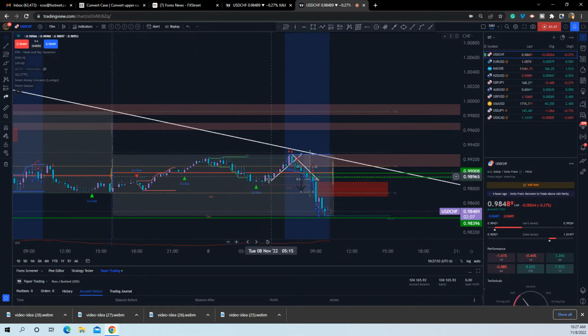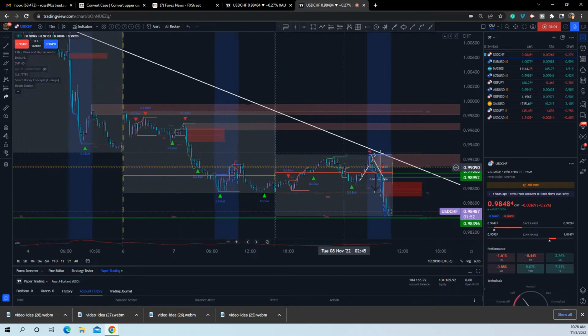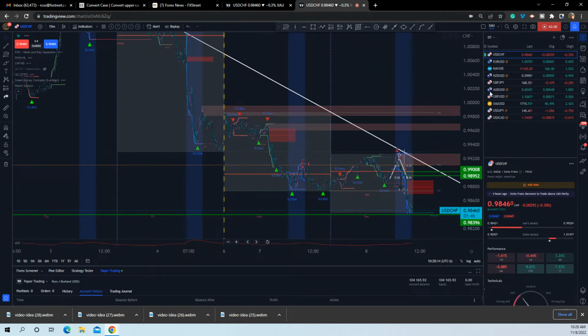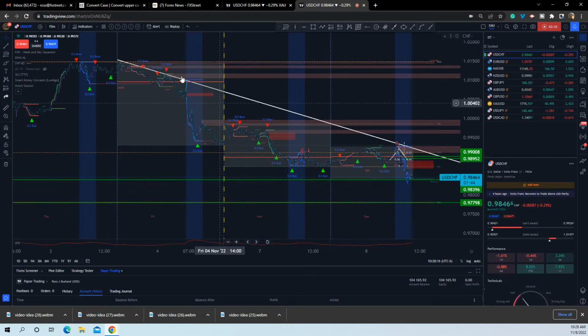W formation, pin, engulfment, trending higher. And then we had this railroad track put in. And then we had the break of structure. So at that point, I thought, well, thesis now could be that that's going to be the high of the day. And we're in fact with shorts in the market from last week.